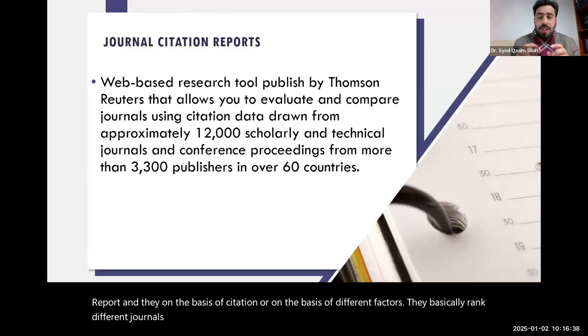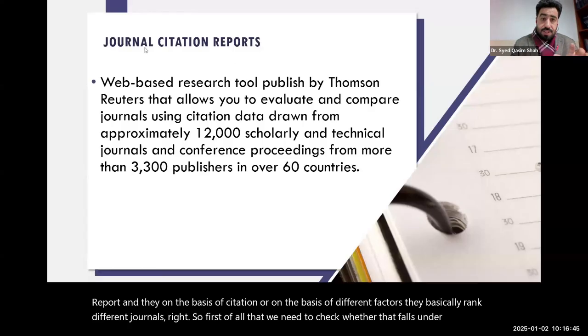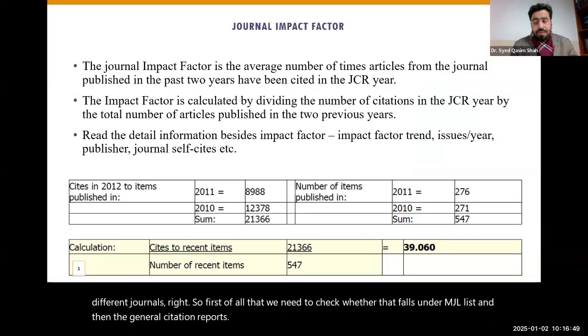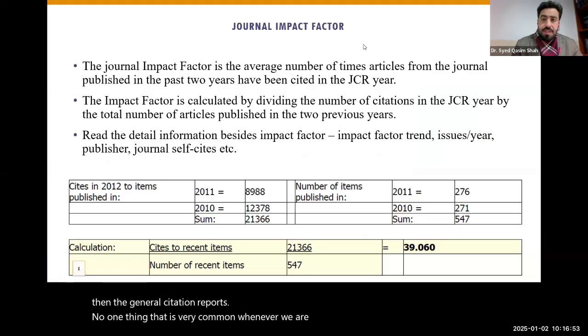So first of all, we need to check whether the journal falls under the MJL list, and then the Journal Citation Reports.